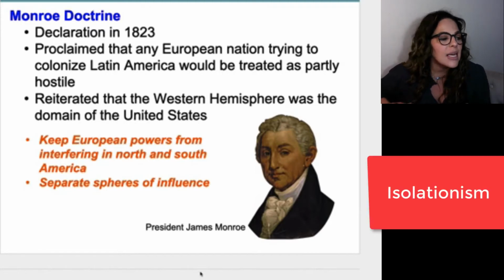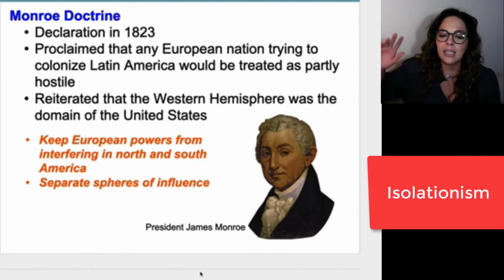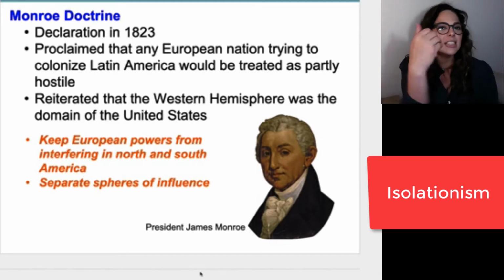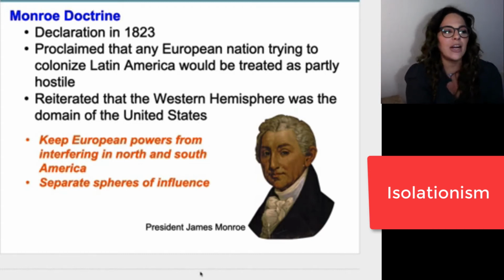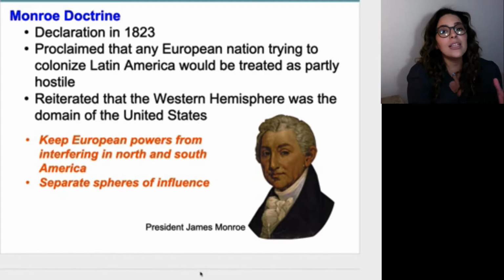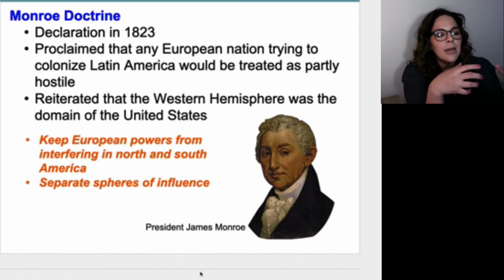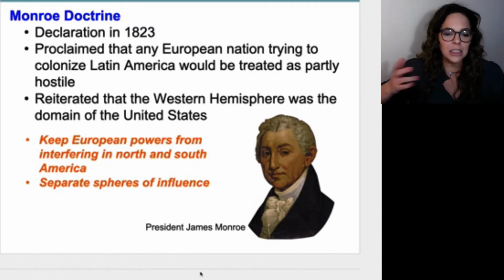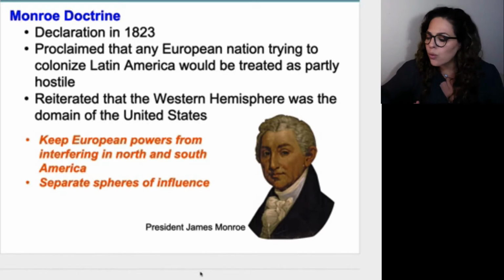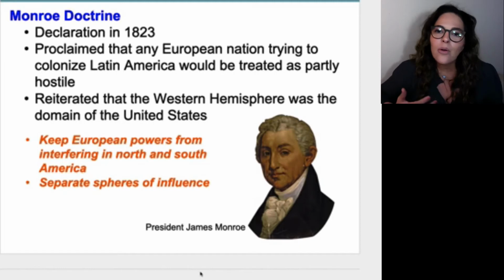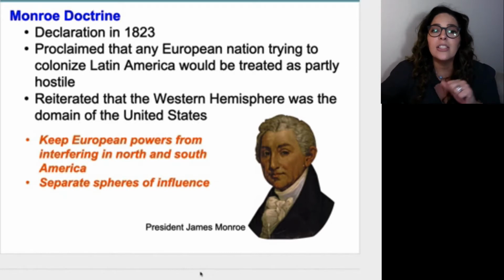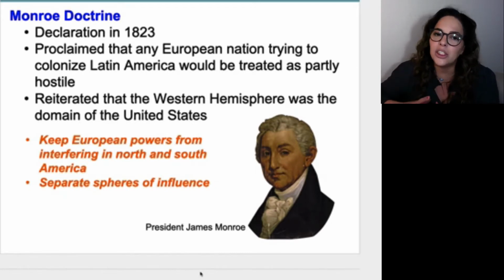The United States is not going to be getting involved in foreign affairs, and instead, it's going to focus inward, developing that infrastructure, developing that American economy, and really sticking to itself. So stay out of foreign affairs, focus on what's going on here in the country, and grow the country, expand, make the cities grow, developing our infrastructure, roads, canals, railroads. All of these changes, that transformational period, take place in part thanks to the Monroe Doctrine and our isolationist stance.